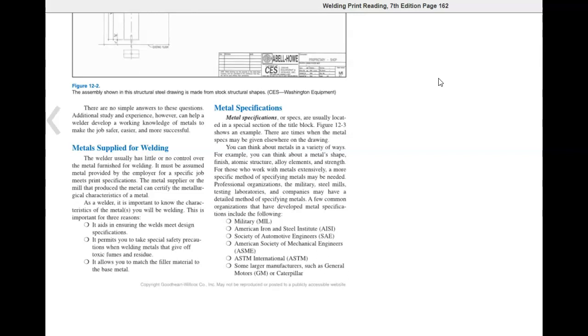A few common organizations that have developed metal specifications include the following: military, American Iron and Steel Institute, Society of Automotive Engineers, American Society of Mechanical Engineers, ASTM International, some larger manufacturers such as General Motors or Caterpillar.